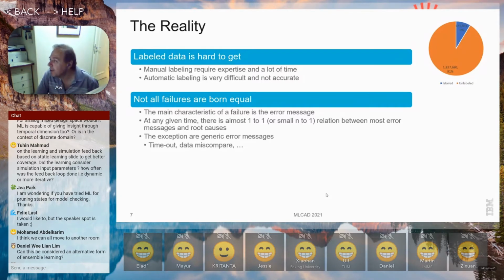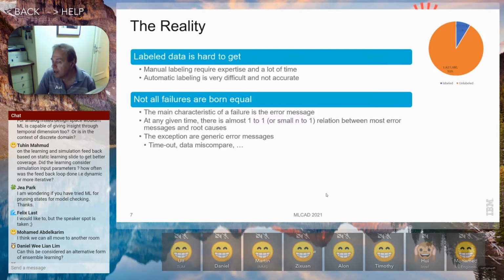Also, the second fact that we have is that not all failures are born equal. First of all, you must know that the main characteristic of a failure is the error message that we get. And for most error messages, there is almost a 1-to-1 or maybe a small n-to-1 relation between the error message and the root cause.